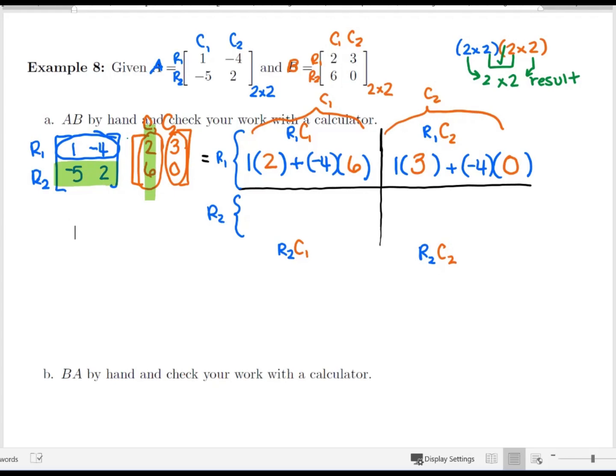It has to be row 2 times column 1. It has to be RC COLA. We're going to have -5, which came first, times 2, because 2 came first in the column, plus because it's always plus. 2 came next in our row, times 6.